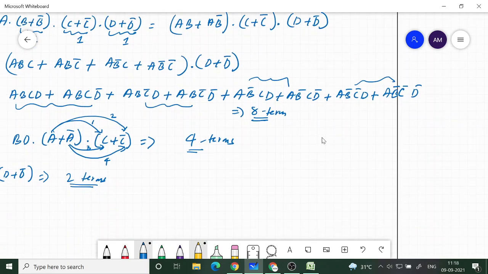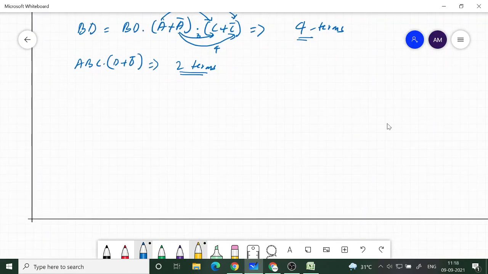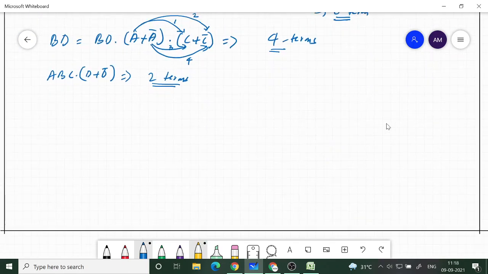So, okay, now we have some 10 minutes left. So let us look at what is called a 5 variable K-map. So far we did only 4 variable. Now can we do 5 variable?